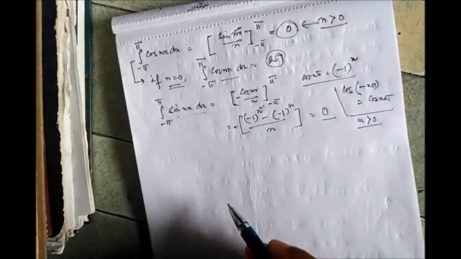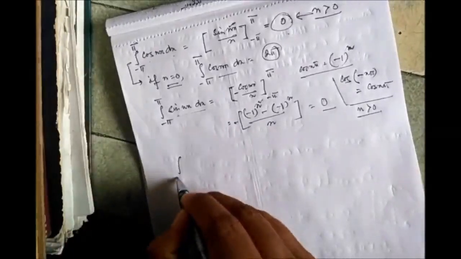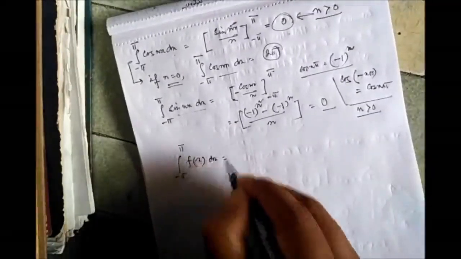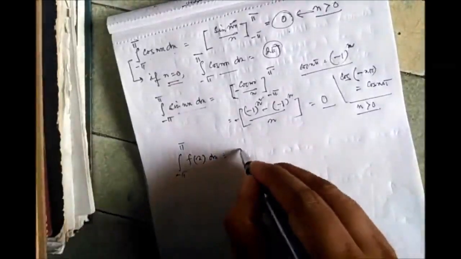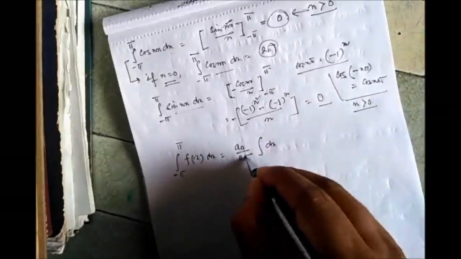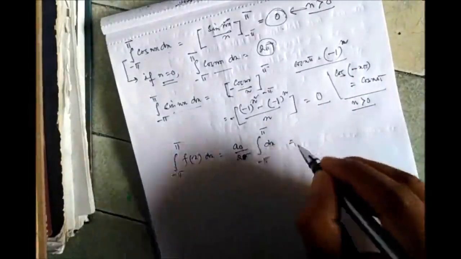So from the previous page, the value of the integration minus pi to plus pi f(x) dx will be a0 by 2 times the integration minus pi to plus pi dx.